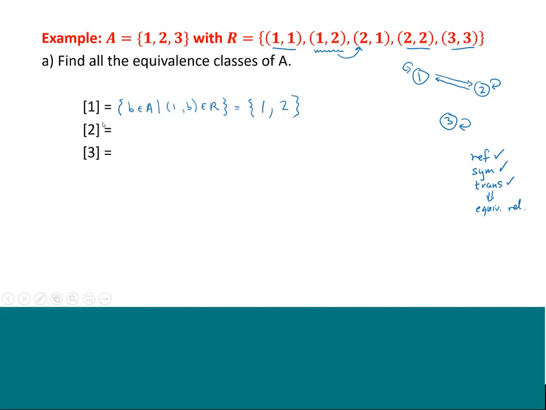So if we want to do the same thing for the equivalence class of 2, any guesses who the equivalence class of 2 is? And while you guys are thinking about what numbers actually go in the set that corresponds to the equivalence class of 2, I'm going to write down the same definition right in front.